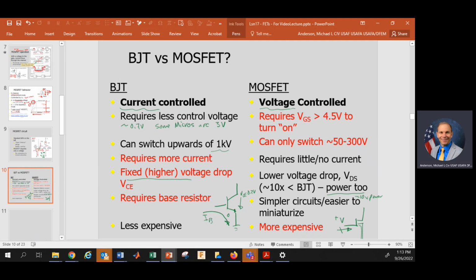It's not going to burn up as much energy in your device. Another problem with the BJT is that you have to have a resistor here at the base to control base current flow. MOSFET doesn't require that. You can hook up this MOSFET directly to the output pin of your microcontroller and turn it on and off just like that. So that means it's got a simpler circuit, easier to miniaturize, easier to prototype. MOSFETs are more expensive, BJTs are less expensive.